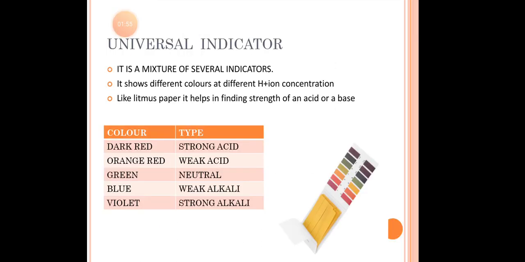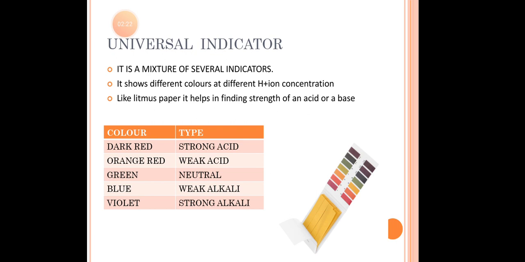This universal indicator is made out of a mixture of several indicators. Several different types of dyes are mixed, and from that the universal indicator is prepared. You can see in the picture a yellow paper, a small strip. This is called the universal indicator. It will be available in the laboratory.